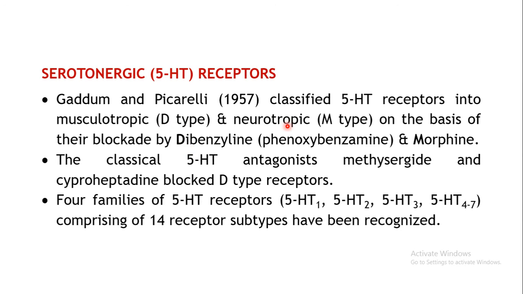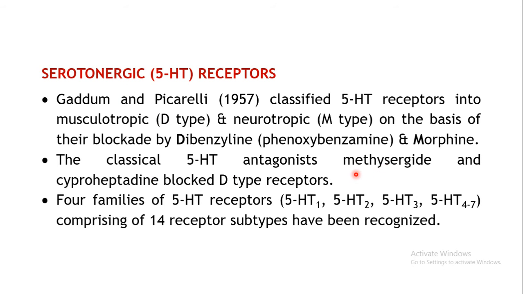The neurotropic 5-HT receptors were blocked by morphine, that's why they are called M type of 5-HT receptors. There are also certain agents given as examples, methysergide and cyproheptadine, which are antagonists of 5-HT. D type of receptors are blocked by these antagonists.